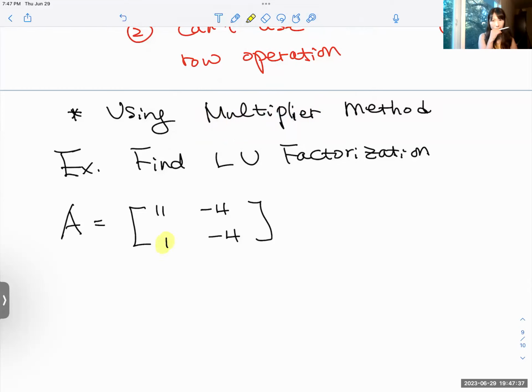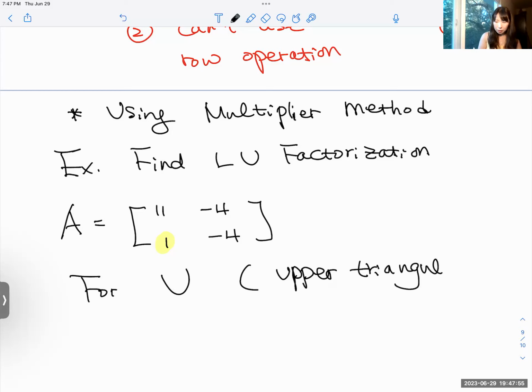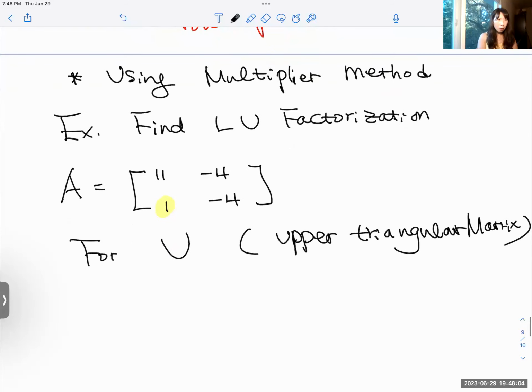For U, we want to make an upper triangular matrix. So how do we do it?